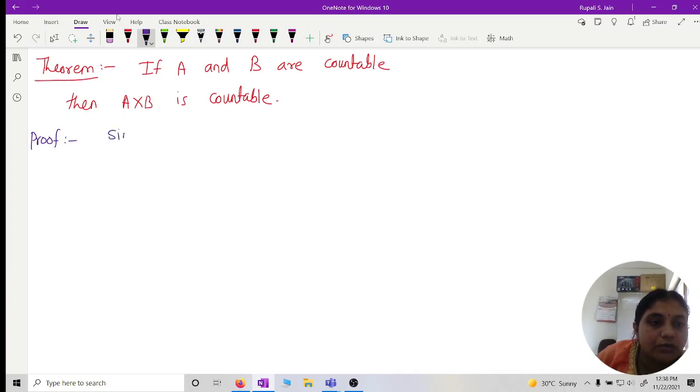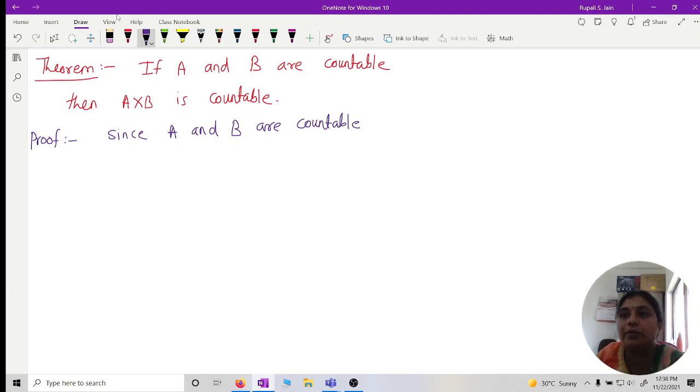Since A and B are countable, A is countable means there exists a bijective map.